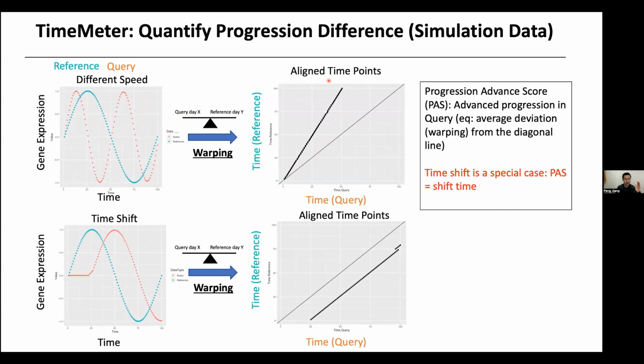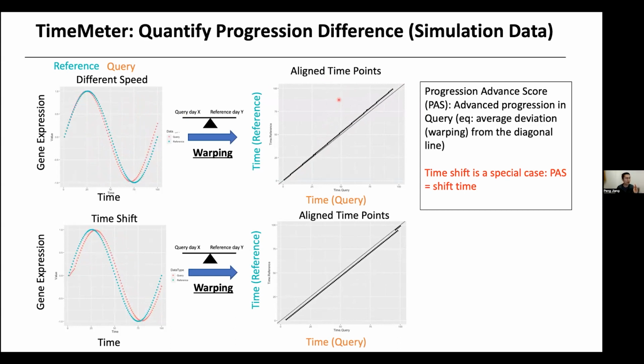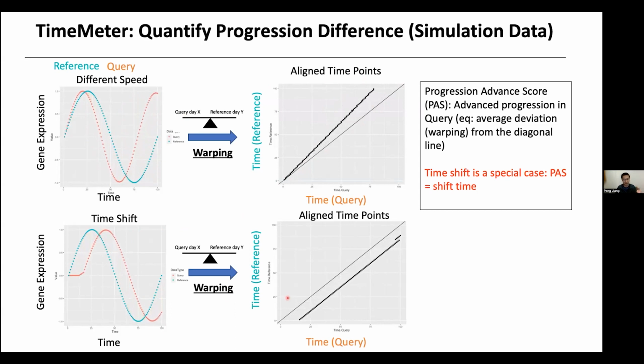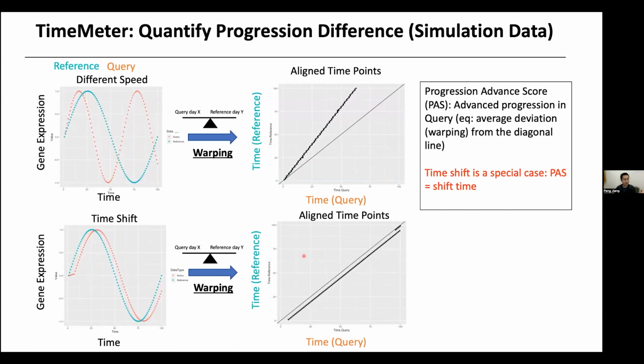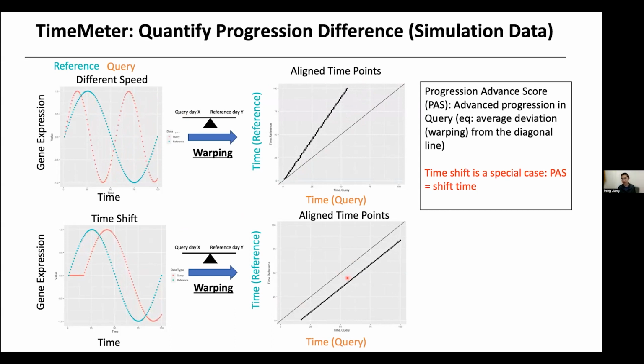So the slope is changing. Essentially, the area gets bigger and bigger. And for time shift data, the speed never changes. However, depending on how many days or hours you delayed, the progression has a systematic shift. So basically, time shift is a special case, where PAS is equivalent to the shifting time.